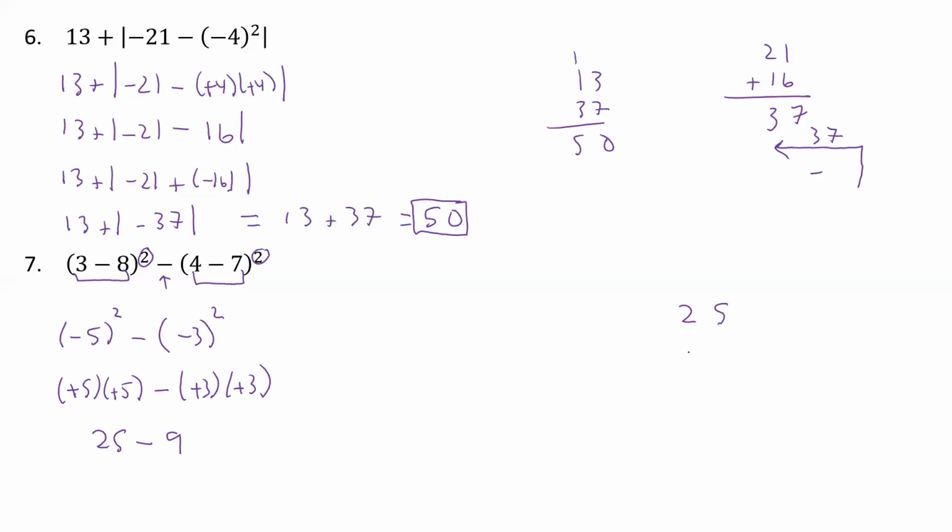Well, we have 25 minus 9. So guess what? We get a borrow. That's 1. That's 15. So if we take 6 plus 9, that's going to give us 15 and 1. And so that looks like our answer is just 16. Okay, and so then we'll circle that or square it.